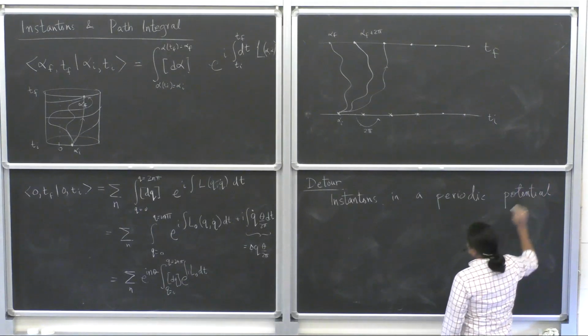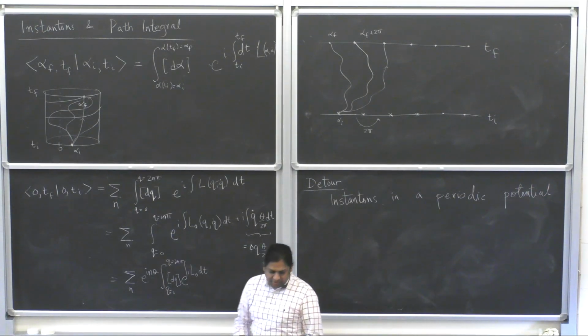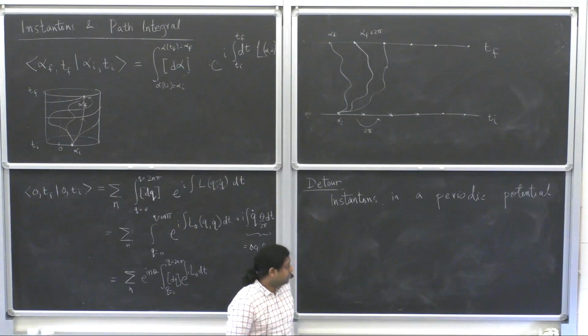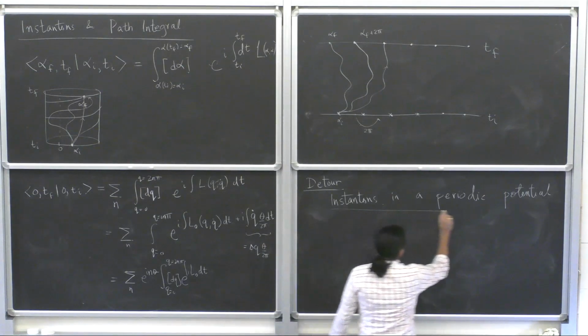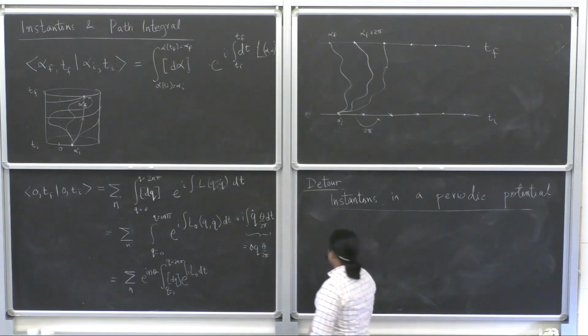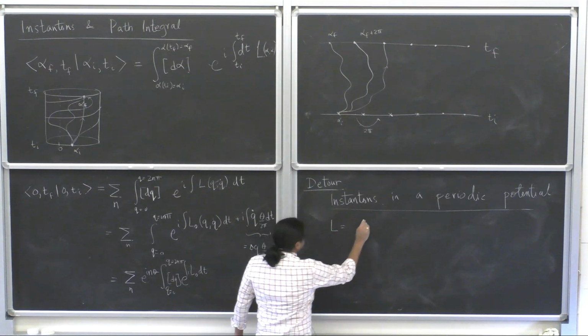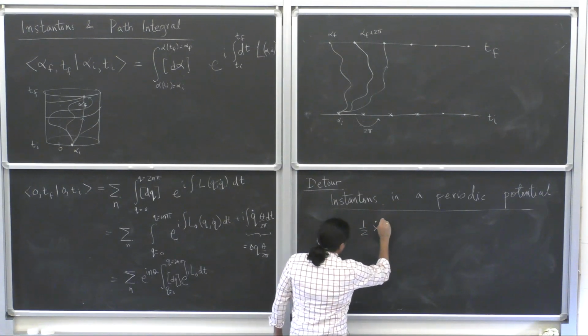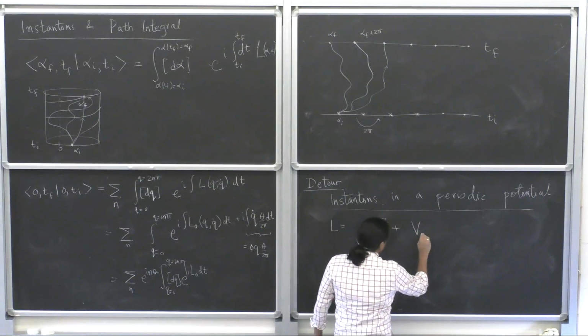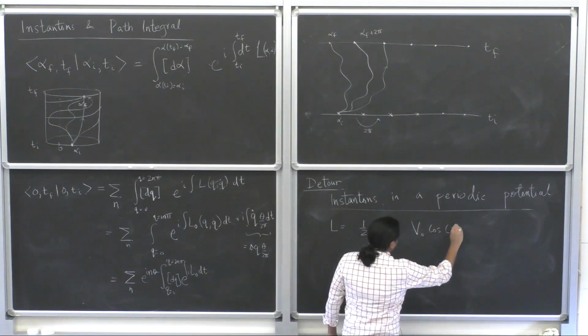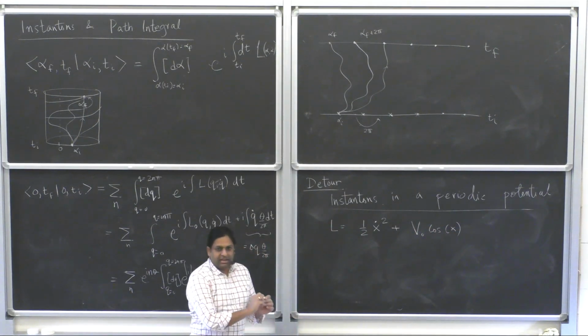So let's consider a system which is somewhat closely related to this particle on a circle system we've been talking about, and highlight the differences. So the Lagrangian for the system is... This is a system of a 1D lattice, if you will.